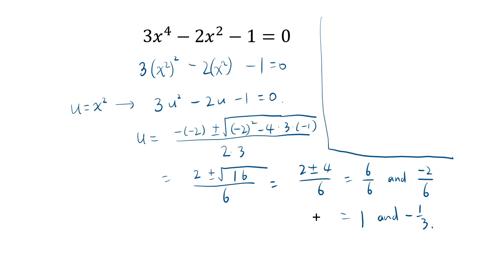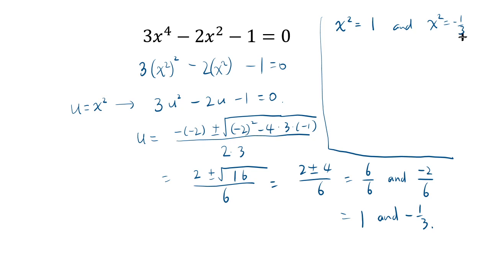But it's easy to be fooled by the answer because you have to take a second look at it because you've used the substitution, and getting the value of u is not the same as getting the value of x, right?